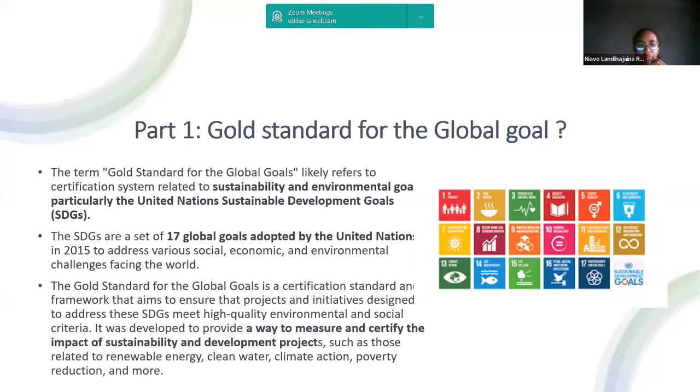And therefore, the gold standard refers to a certification system related to sustainability, development, and environmental goals, particularly the United Nations Sustainable Development Goals, SDGs, that we can see in this picture. For example, number one, no poverty, zero hunger, and all these sustainable development goals.